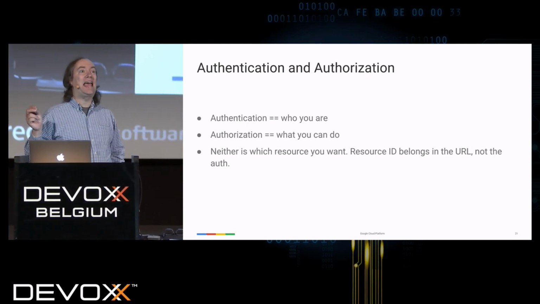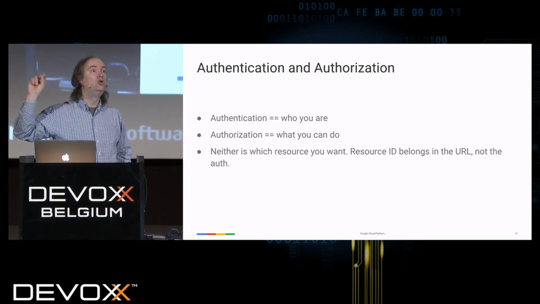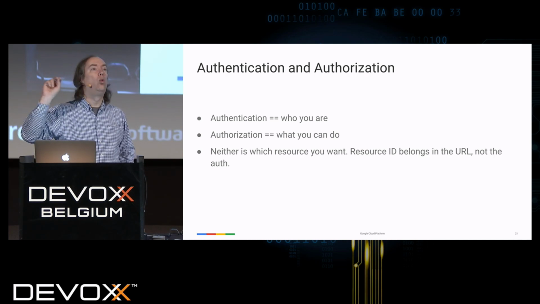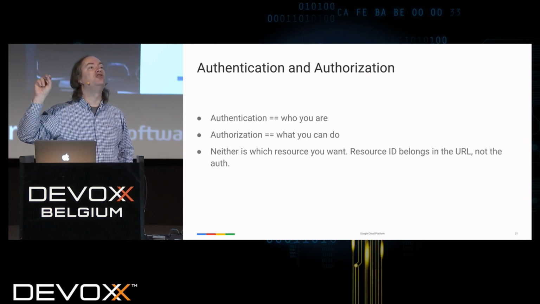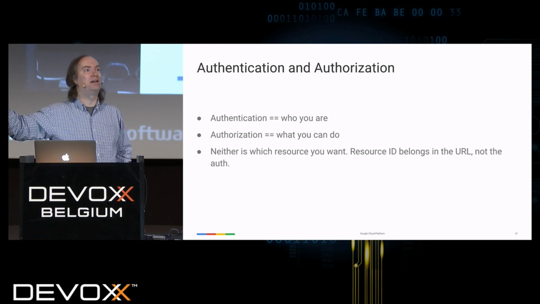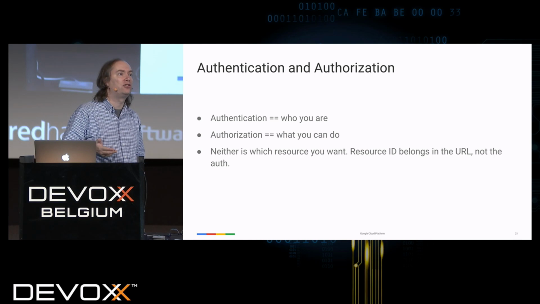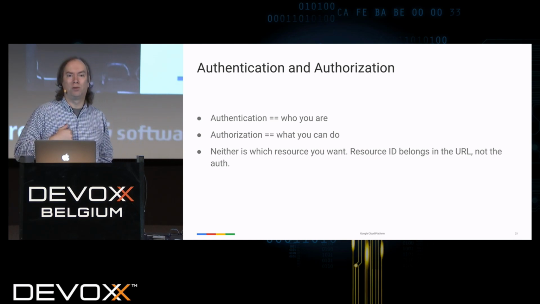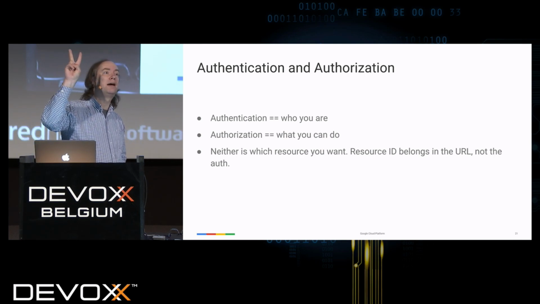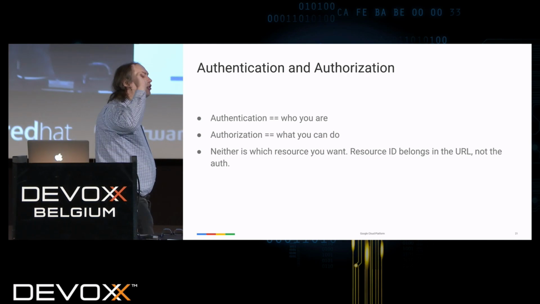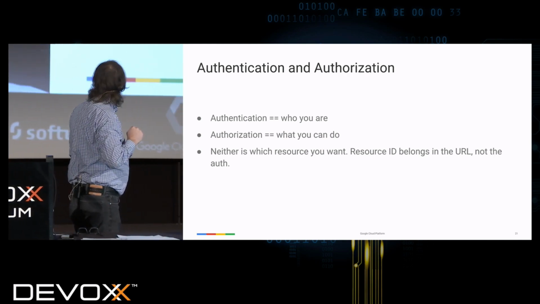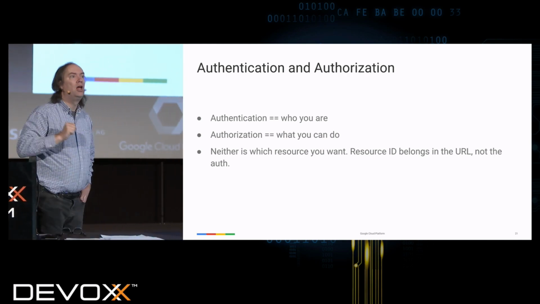Quick review, authentication, who are you? Who's calling the service? Authorization, what can this authenticated person do? Or what can this unauthenticated person, we don't know who they are, do? What resources are they allowed to have access to? And what operations can they perform on these resources? 2 separate questions.